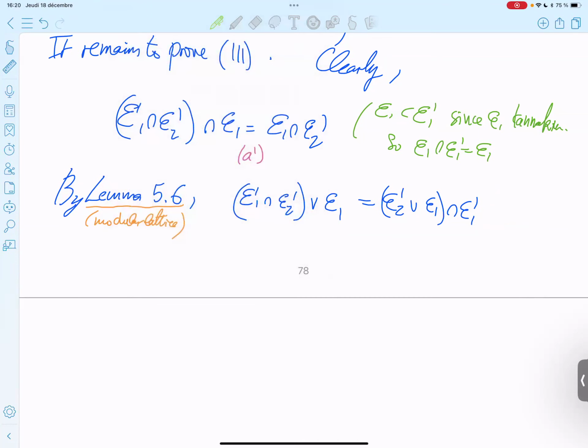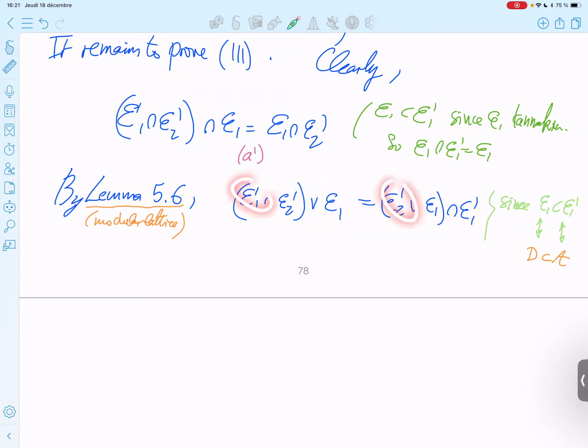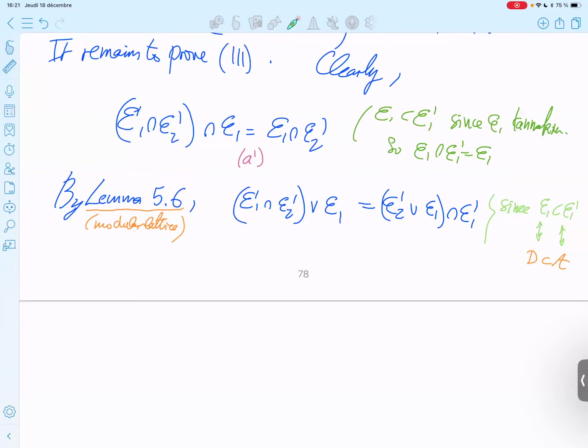Since E1 is included in E1 prime, which corresponds to, in the lemma, this is E, this is A. So this is D here, this is A. And A and B are more or less like that. So it's immediate.